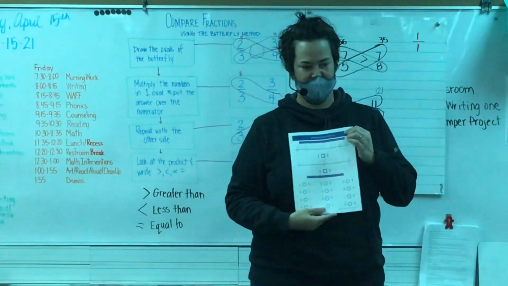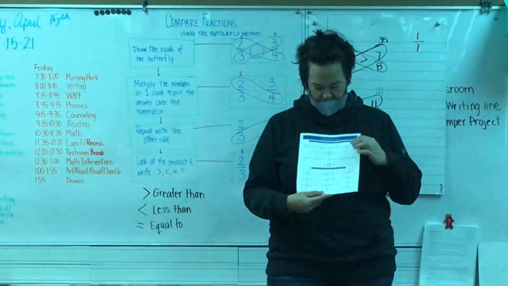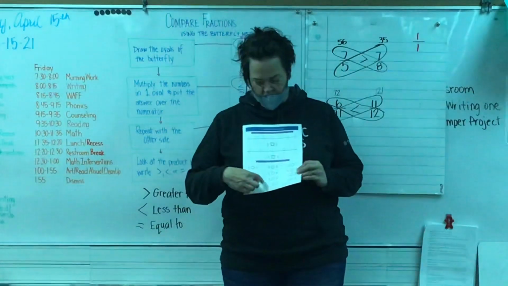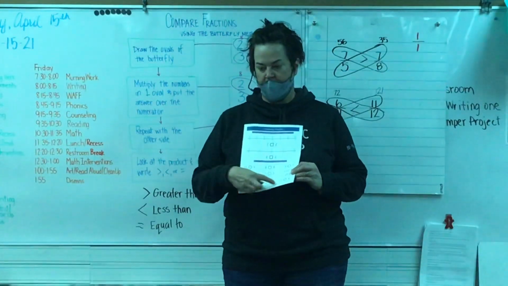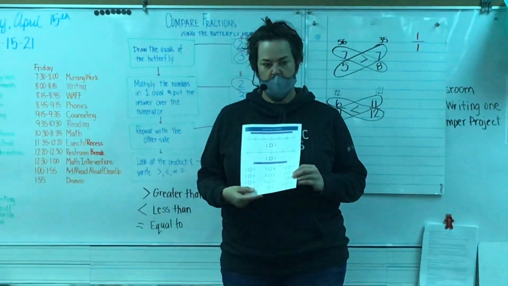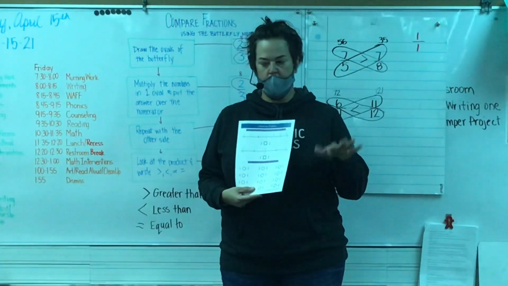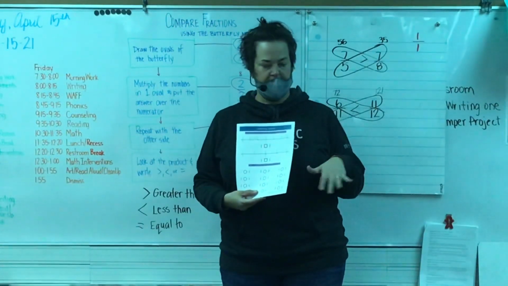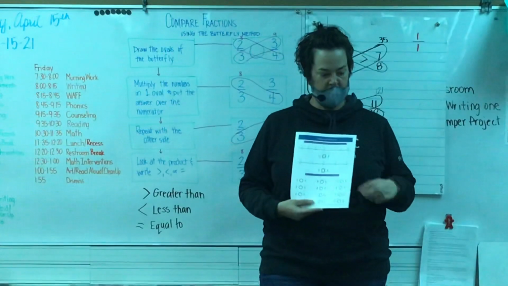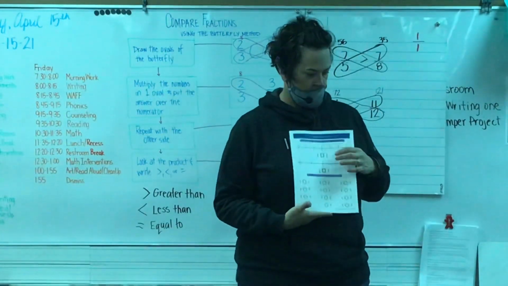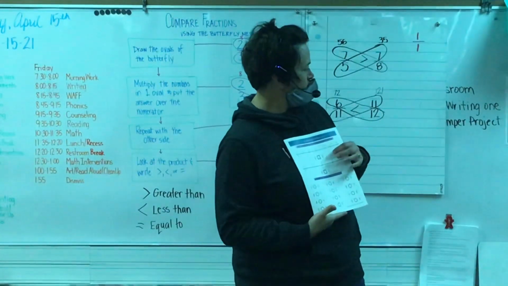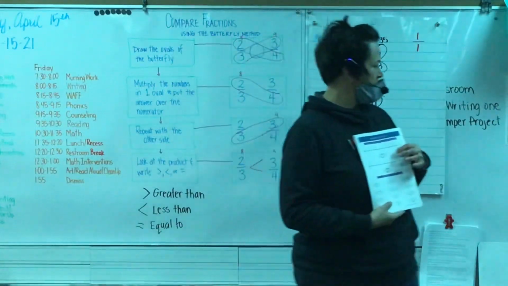Are we going to be using the whiteboards anymore? No, you can just do the butterfly method on this paper. So you'll be able to put your whiteboards and markers and all that away. Reese? How about we do it this way?